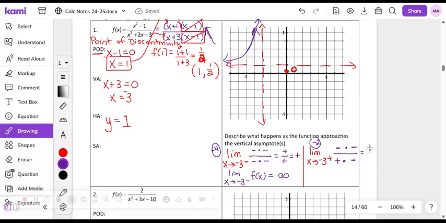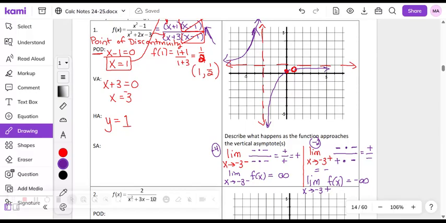That shakes out to be a positive over a negative, which is a negative. So what that tells me is the limit as x approaches -3 from the right of this function is negative infinity. And again, I kind of knew it was going to go down like this. And now I've just confirmed it.